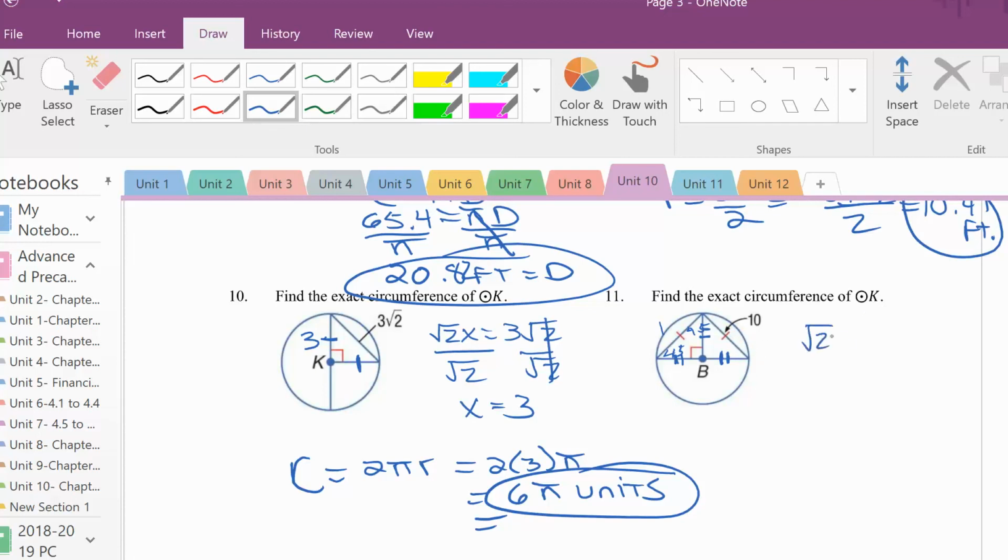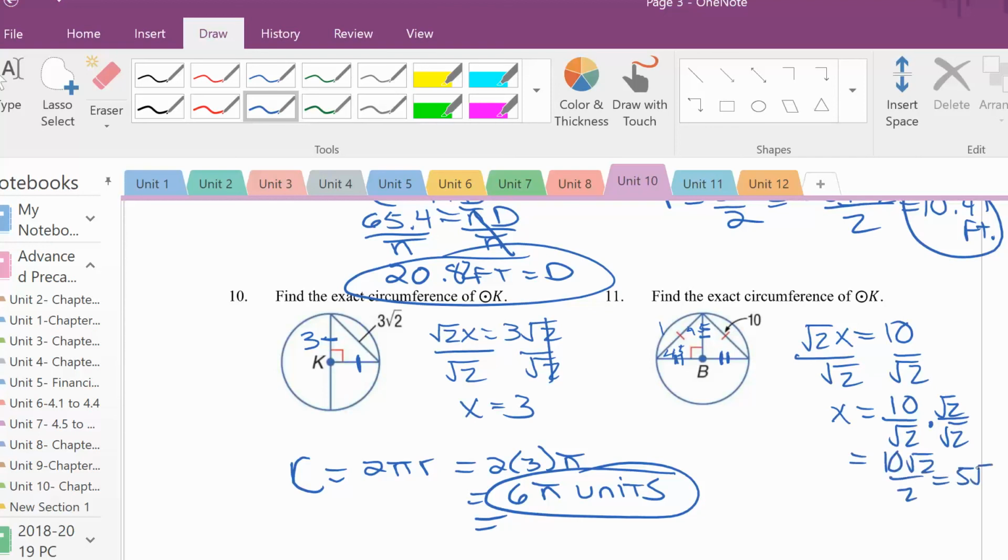So that means rad 2 times x equals 10, divided by rad 2 means that the radius is 10 over rad 2, which remember you need to rationalize. So that's 10 rad 2 over 2, which is 5 rad 2. So that's the radius. So then the circumference, remember, is 2 pi r, which is 2 pi times 5 rad 2, which means it's 10 rad 2 times pi units.